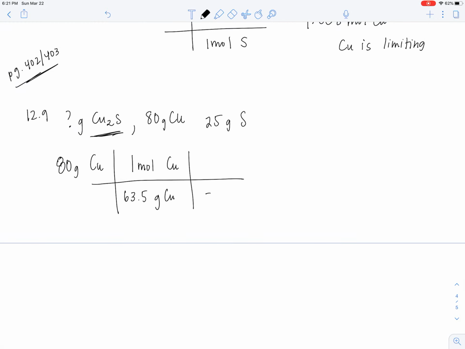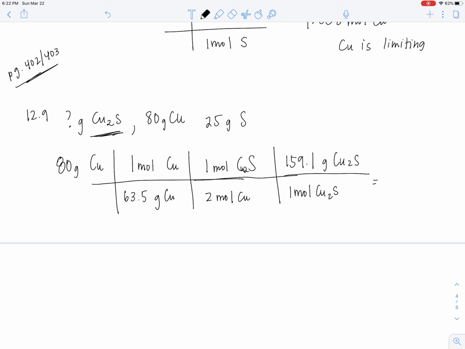So it's a 2 to 1 ratio, so 2 moles of copper on the bottom because I'm getting rid of that, to 1 mole copper 1 sulfide, and the molar mass of this is 159.1 grams of Cu2S. Okay, so if I plug and chug, I get about 100 grams of copper sulfide.